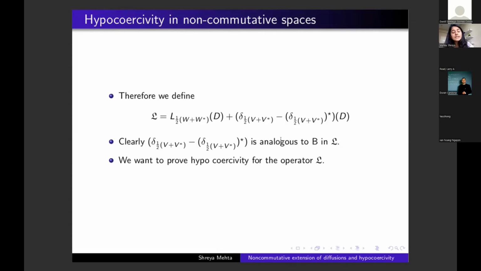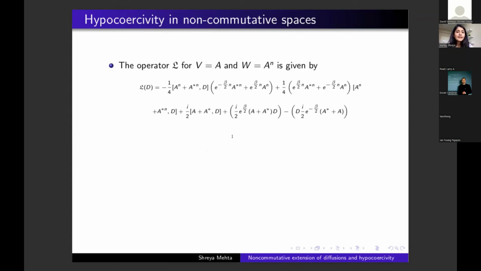And if you ask why we considered half of the sum of these operators, this will ensure that these parts are also self-adjoint, because most of the studies for the partial differential equations have been done for self-adjoint operators. So once we've defined this, we want to prove the hypercoercivity for this operator L that we defined here.